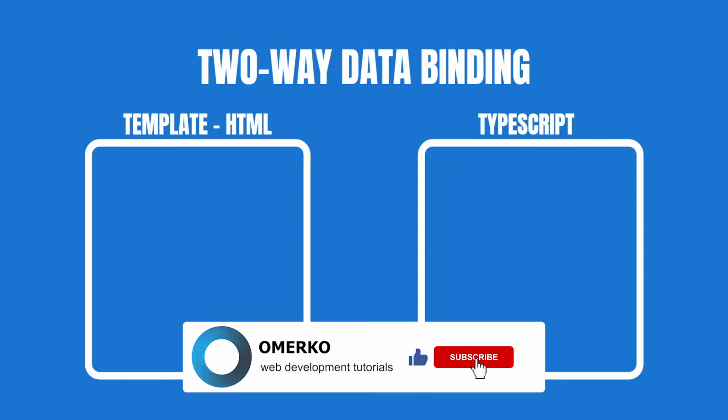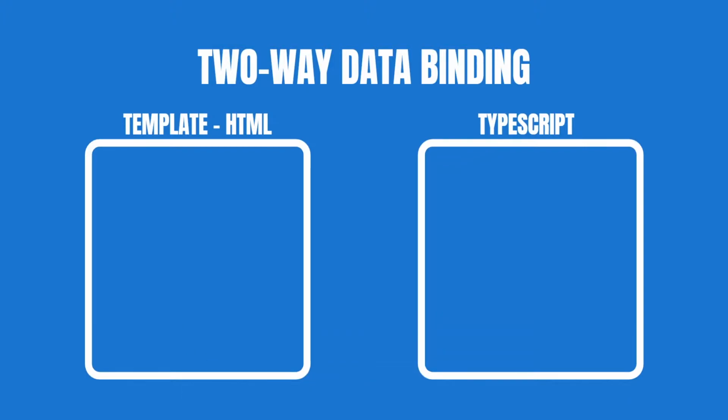So here on my screen we have the template, our HTML section, on the left side, and the TypeScript section, which is our programming code, on the right side. In our HTML we usually hold some rendered data, and for that data we usually have a property.